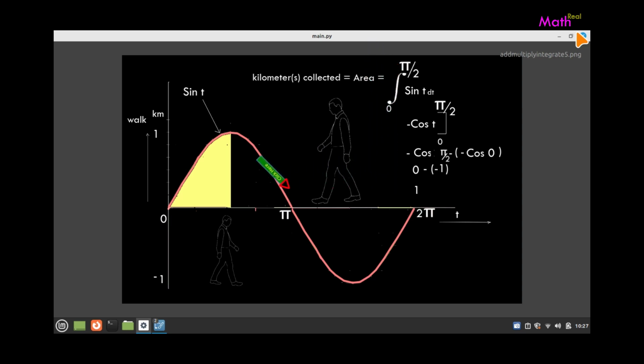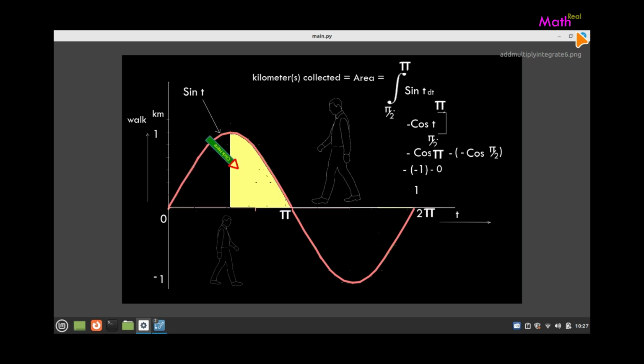Even though the height is 1, he has collected 1 kilometer. Similarly, here also in this graph it will collect 1 kilometer. So up to pi, he collected 2 kilometers. Then if he proceeds, the sine wave goes into the negative direction, meaning he is coming back.